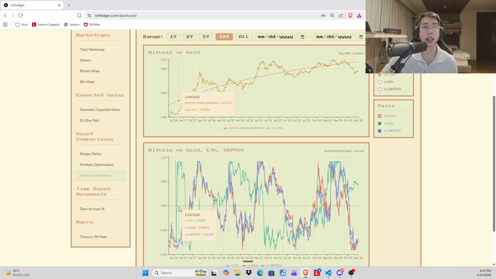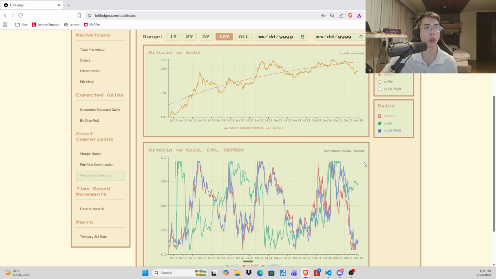And this illustrates this cleanly because, for example, right now, you might not want to sell your Bitcoin for gold or the S&P, right? It's down here. So you're going to expect Bitcoin to win against the S&P and gold, right? But pretty soon against ETH, it might be reaching its peak, right?